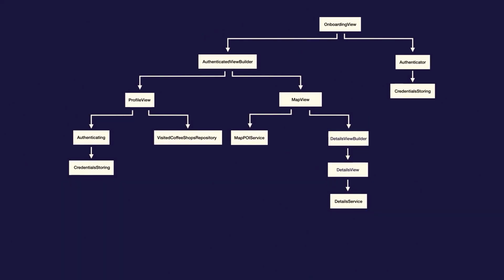But when we have an object graph like this, it doesn't have to live in our app target. We could distribute the implementations of these objects to Swift packages. In fact, Christoph covered part of this yesterday, and now we'll just reiterate it.